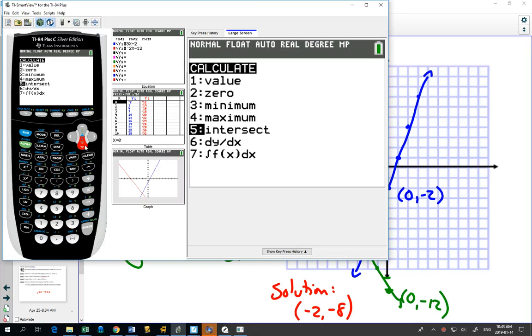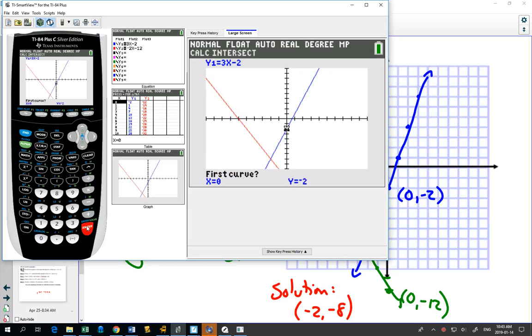Where do these intersect? When we push enter, it says, which one do you want to be your first curve? It's on the first curve, push enter once. Which one do you want to be your second curve? It goes to the second curve, you push enter again. Would you like to guess? Not really. Push enter again. And it tells you they intersect at negative 2, negative 8. So you can use your graphing calculator as a way to check to see if your answers are right.